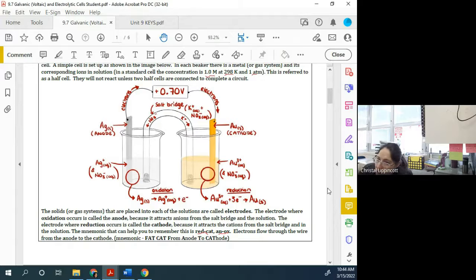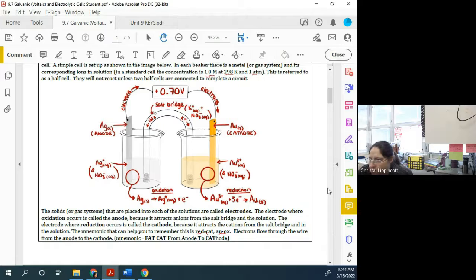All right. So you've got your anode. This in your car battery is always black. This is going to be red. This is where your reduction happens, and this is where your oxidation happens. So this is black in your car battery, and this is red because that's where the reduction is happening.